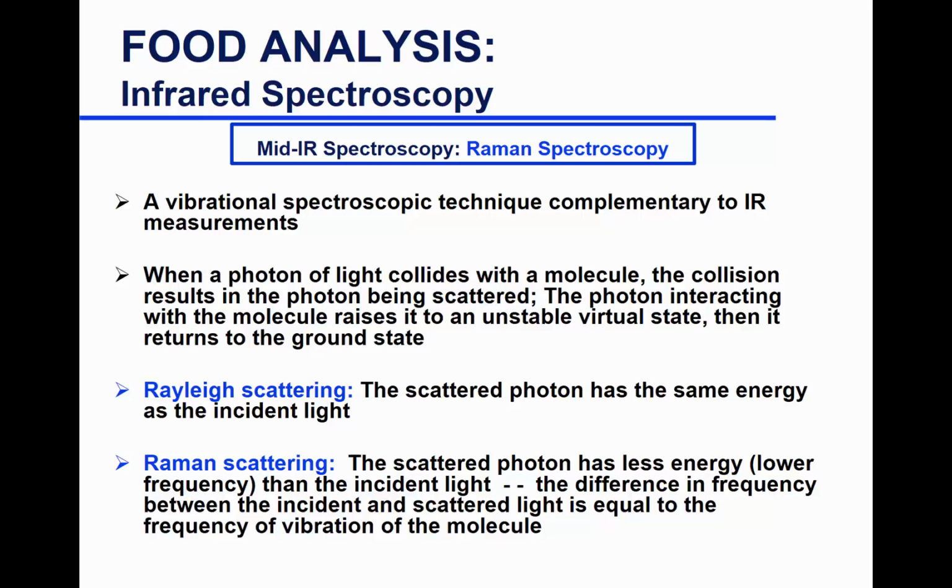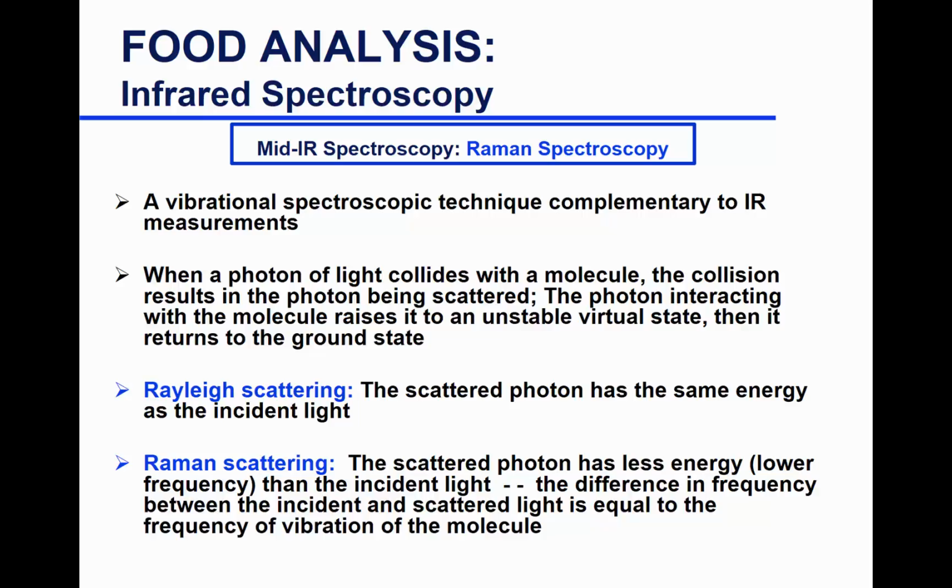But what happens in Raman spectroscopy, you have two types of scattering of light, one called Rayleigh scattering and the other Raman scattering. So what happens, the light hits your molecule, it absorbs vibrational energy, and then some molecules release all of this energy as light when they go to the ground state.